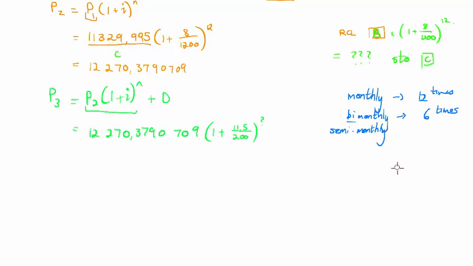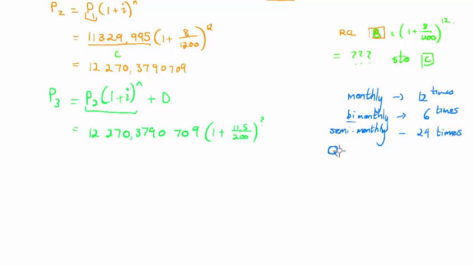I don't think they use the word, but what would semi-monthly be? 24 times, because semi means twice. Do you understand? So semi-annually is twice annually. Semi-monthly is twice monthly. Does that make sense? Since there are 12 months, I'll get a total of 24.